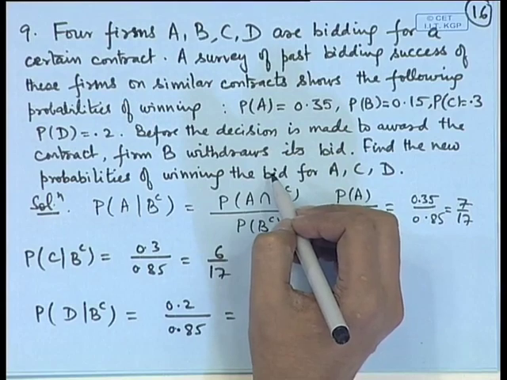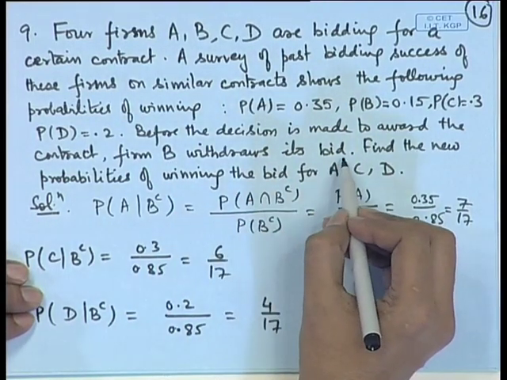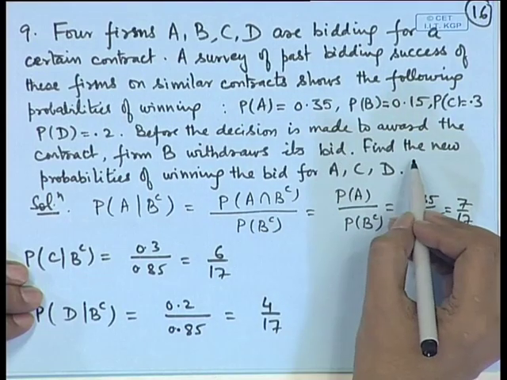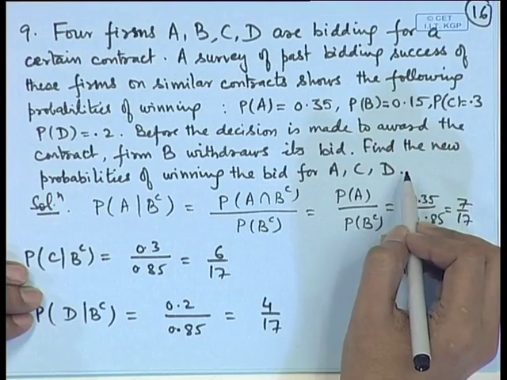Before the decision is made to award the contract, firm B withdraws its bid. Find the new probabilities of winning the bid for A, C and D.